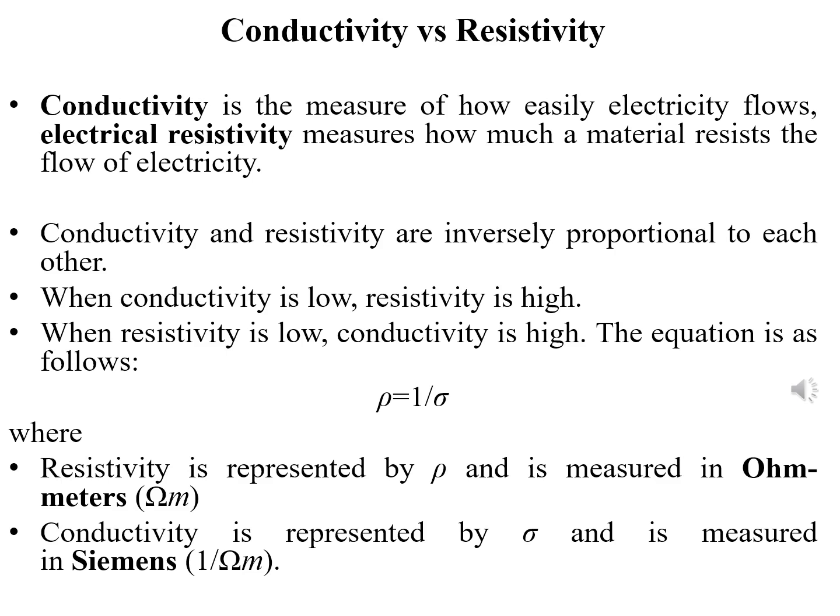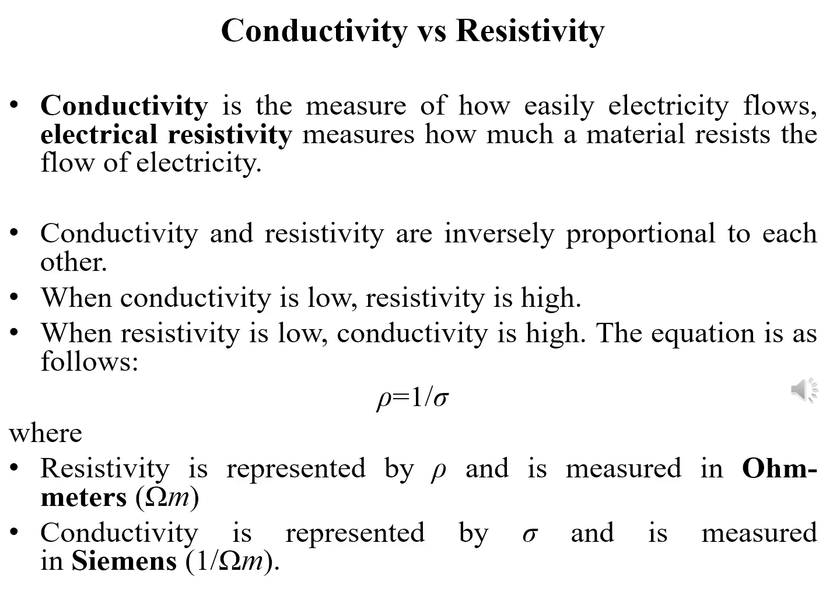So what is electrical resistivity? Electrical resistivity measures how much a material resists the flow of electricity. We can say that conductivity and resistivity are opposite to each other. Both are inversely proportional to each other.